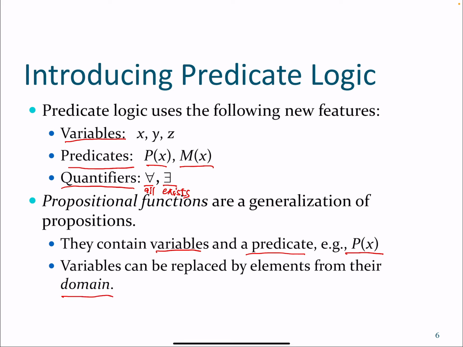For example, we can say the domain of x is all the students in our class. So for example, for all x, P(x). Let's say P(x) means that x is a good student. That means for all the students in our class, the student is a good student. Just a very simple example.